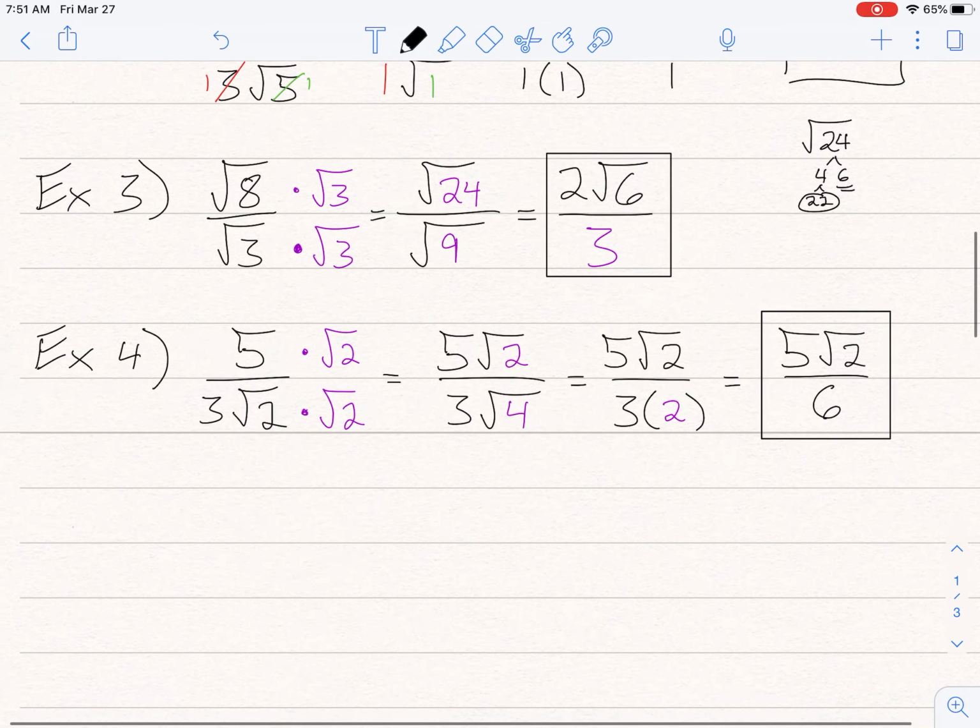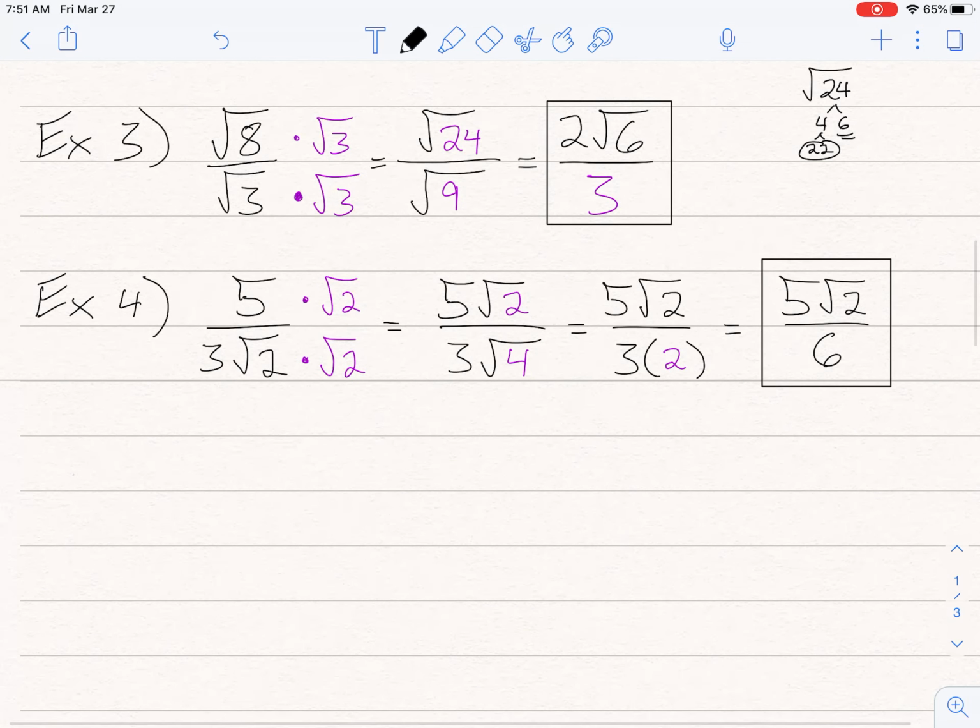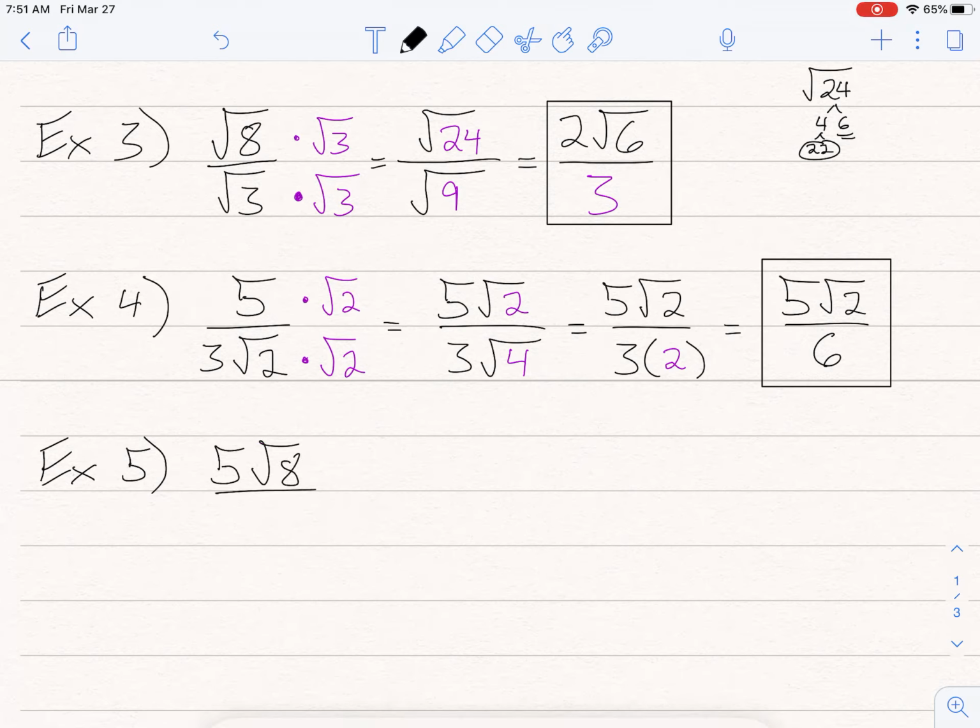One last problem, and this one's going to be one of the more challenging types of problems that you will see, just because there will be a bunch of steps here within simplifying multiple times. So we have 5 square root of 8 over 3 square root of 6.